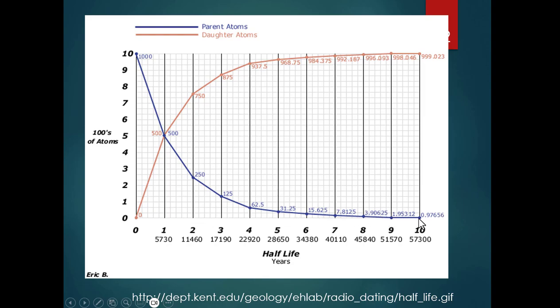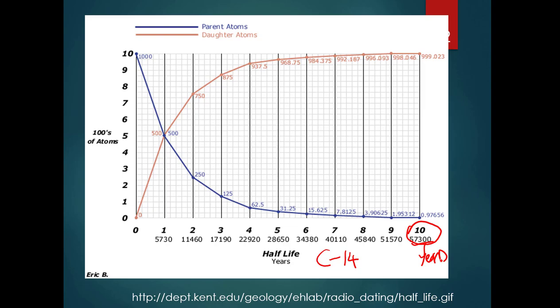Now, what is really interesting on this curve, I want you to realize that when you already had 10 half-lives, there is basically an unmeasurable amount of radioactive isotopes left. So after 10 half-lives, like this one is the carbon 14, C14, which is 57,000 years, you cannot measure any leftover radioactive elements.